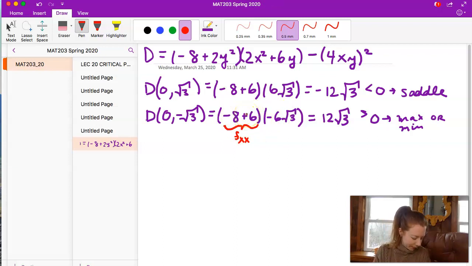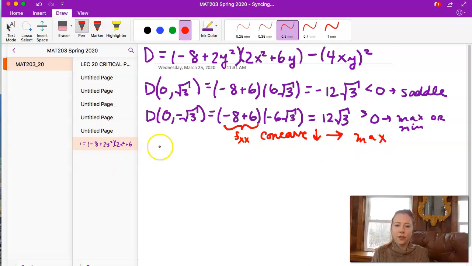All right. And so there we have concave down. Okay. So we have concave down because we're negative. And if we're concave down in the x direction, we are going to have a max. All right, so 0, minus root 3 is going to be a max.